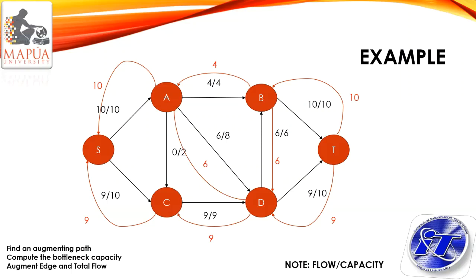Okay, now we're going to determine the capacity. Just look for the values going to our sink T, or just look at the residual or the reverse edge. It will give us an idea. This is the capacity of our network.